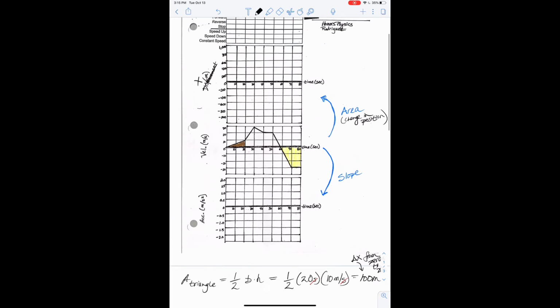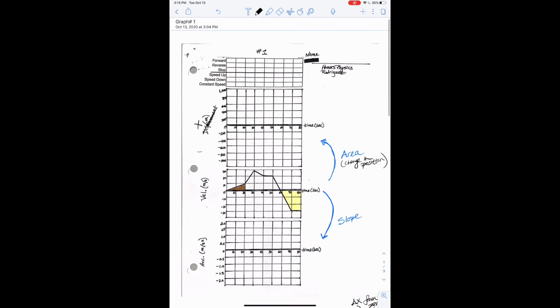So what we can now do is go up to our displacement graph. I'll probably use this blue. We can create a point at 0. We have to assume a start location. And a lot of times they'll say something at the top of the graph right here where I'll write my name.